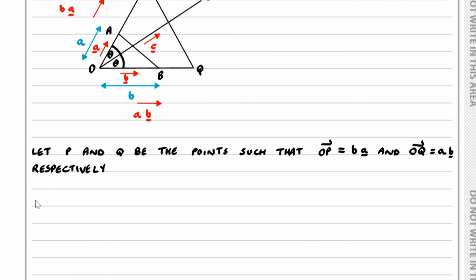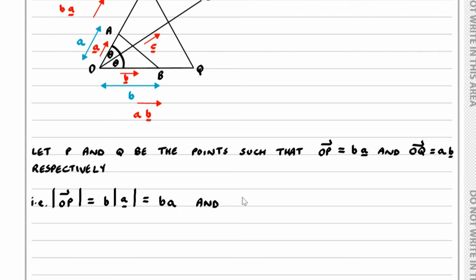The magnitude of OP is equal to b multiplied by the magnitude of a, which is just ba.